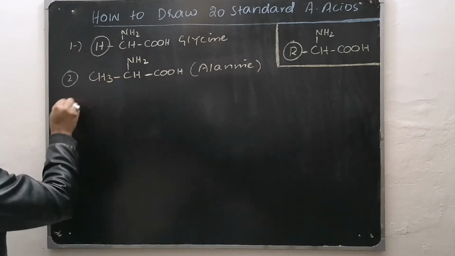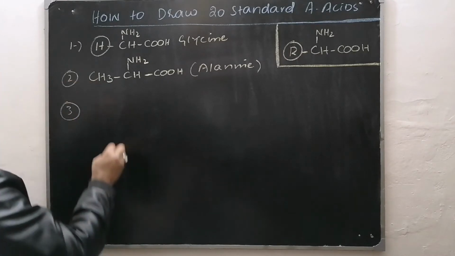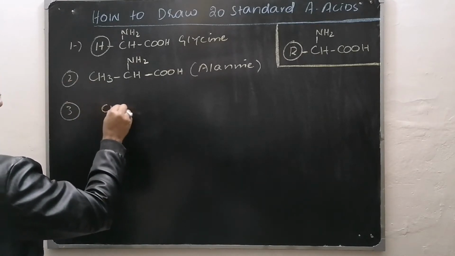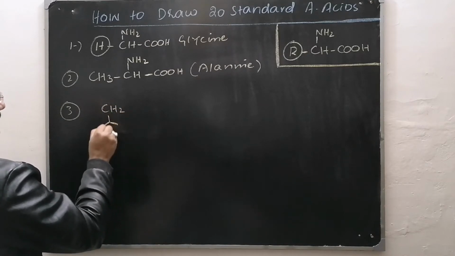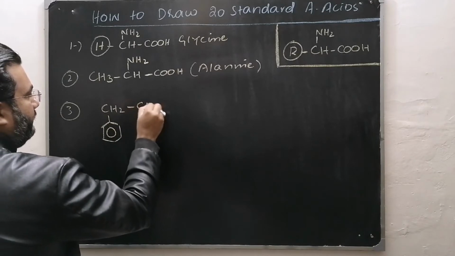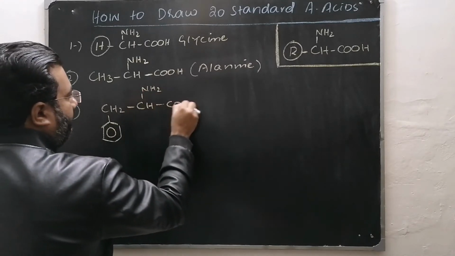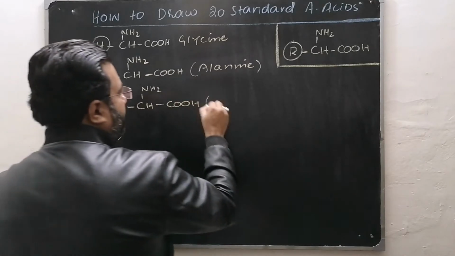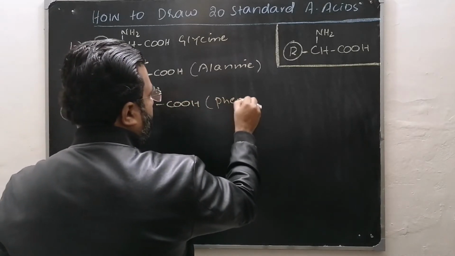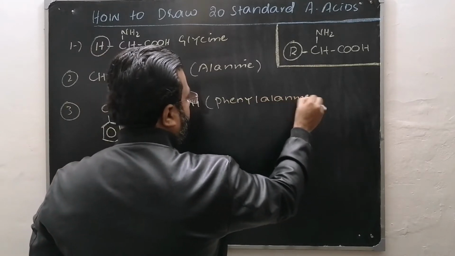Now if one hydrogen from this methyl group is replaced with the phenyl, like this, then this is called phenylalanine.